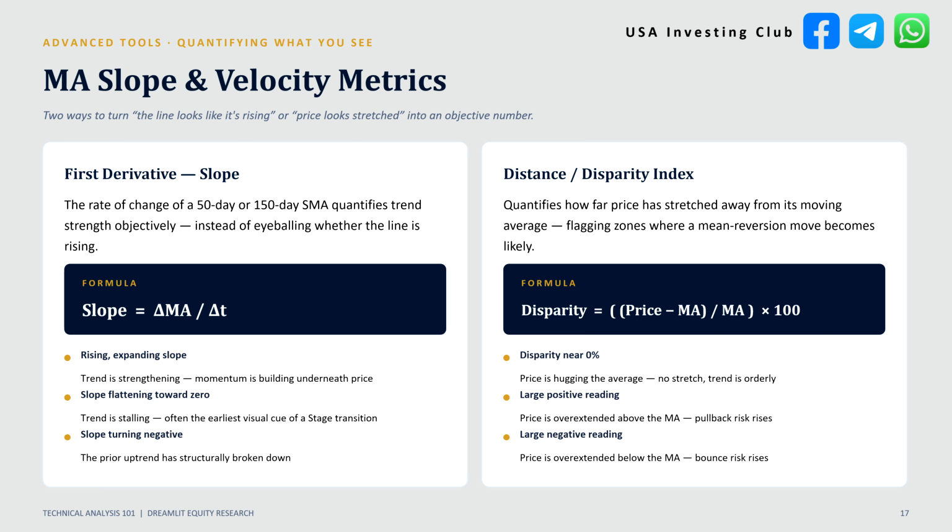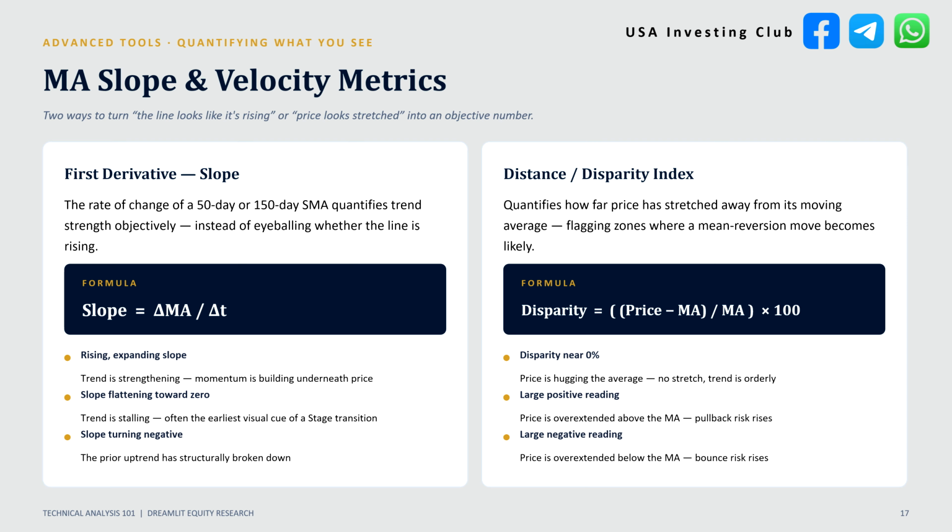Second, the distance or disparity index. This quantifies how far price has stretched away from its moving average, flagging zones where a mean reversion move becomes likely. The formula, disparity equals price minus the moving average, divided by the moving average, multiplied by 100, expressed as a percentage. A disparity reading near 0% means price is hugging the average, no stretch, an orderly trend.